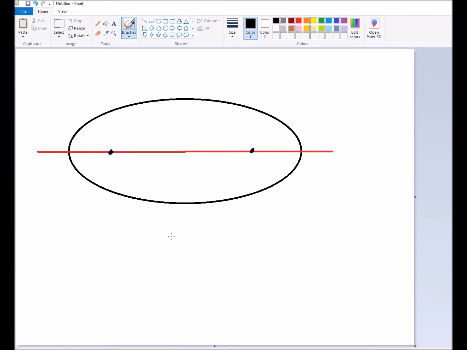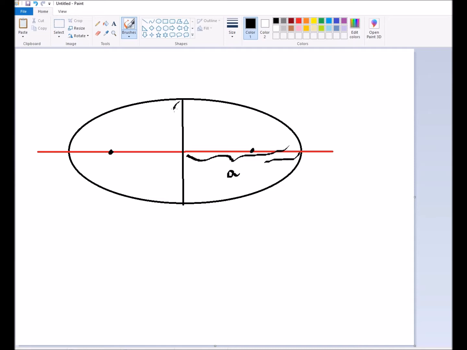But what we have here is that if we had our second axis, which is our minor axis, right through the middle, we are going to label the lengths as such. This length on this side is going to be my A, it's supposed to go all the way to the end there.